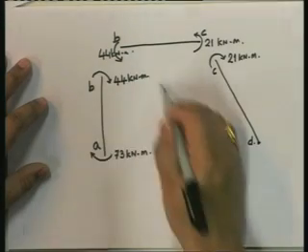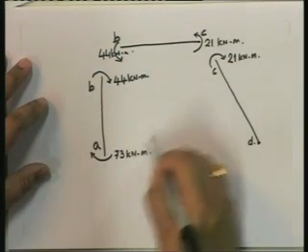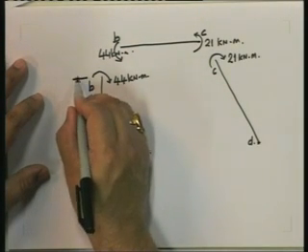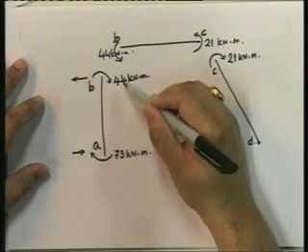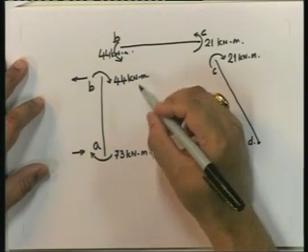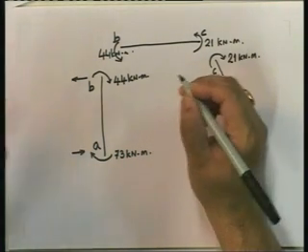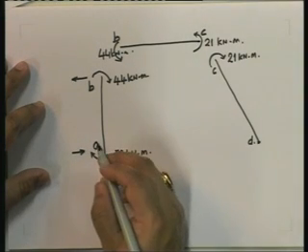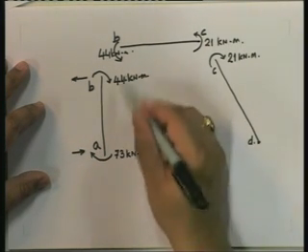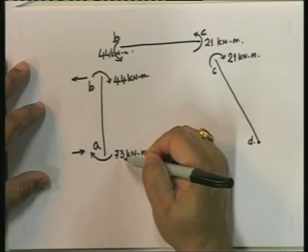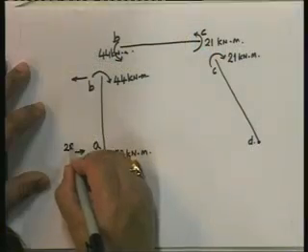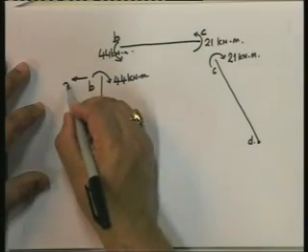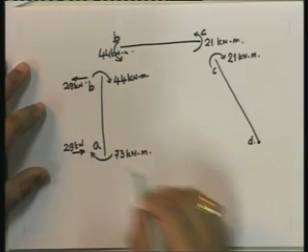Now what else do I know? Since I know this, I can find this. And since this is 117 divided by 4, I'm again doing approximate numbers, this is going to be equal to 29 kilonewton meter, 29 kilonewton meter.